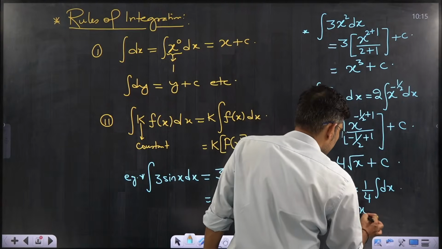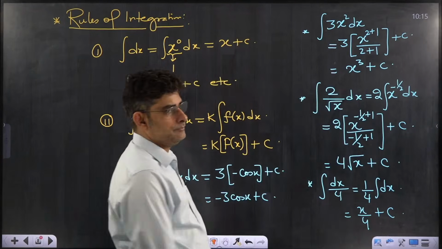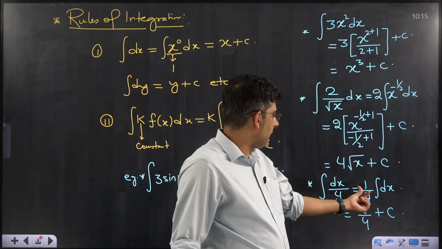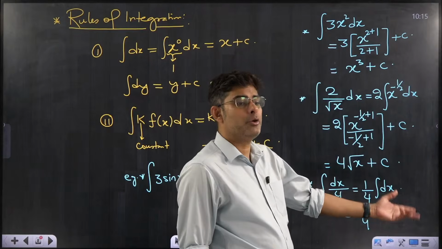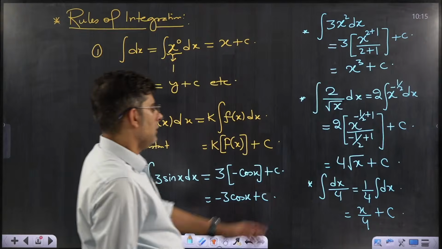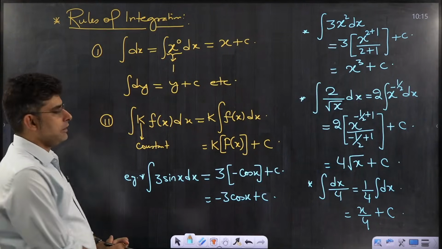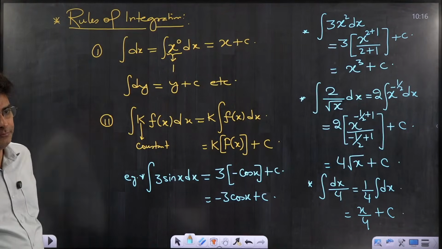So you will write x by 4 plus c. Don't say, sir, what happened, you wrote x plus c, c by 4. A constant divided by 4 is a constant, so you will always write it as the constant c only. Just this way we can find the integration of functions where a constant is multiplied.